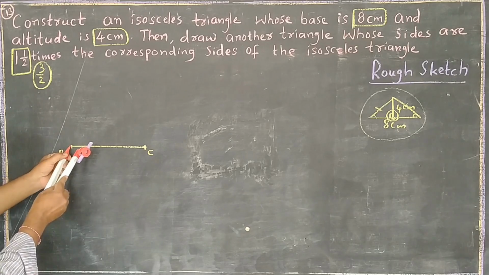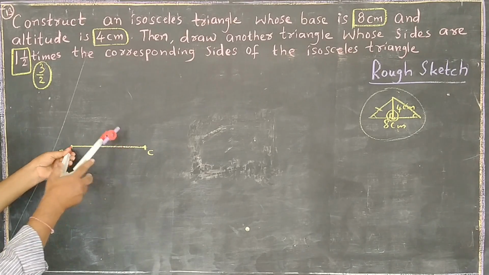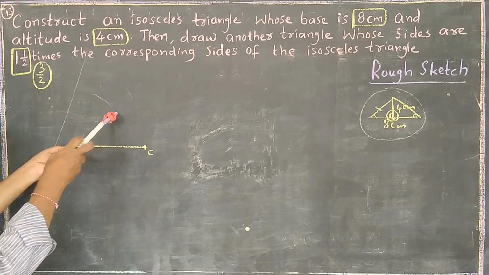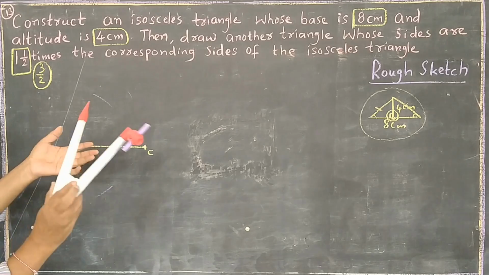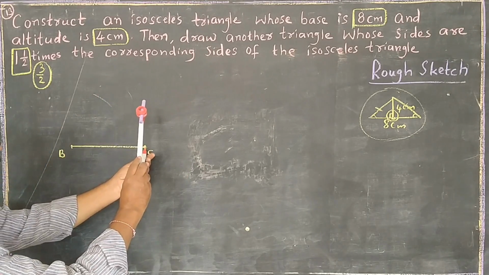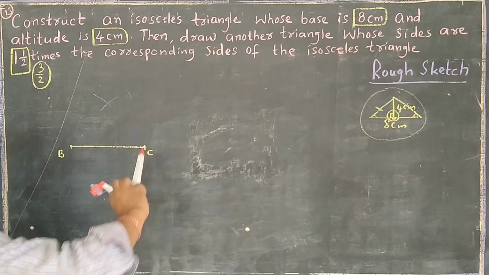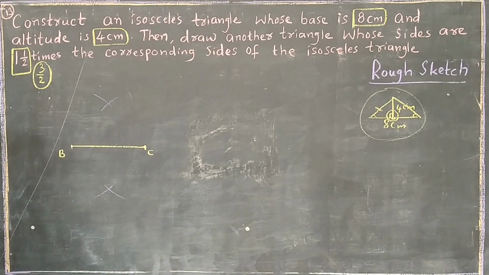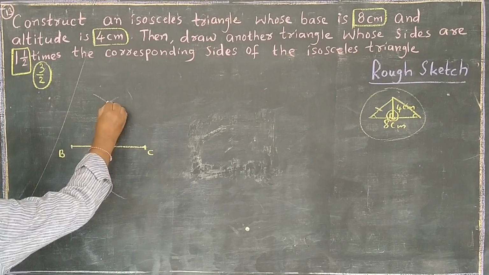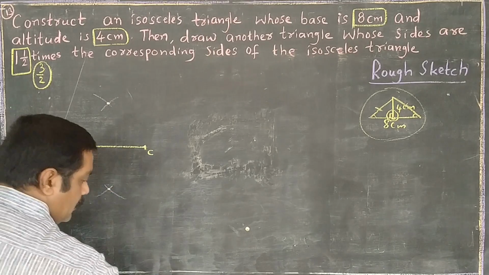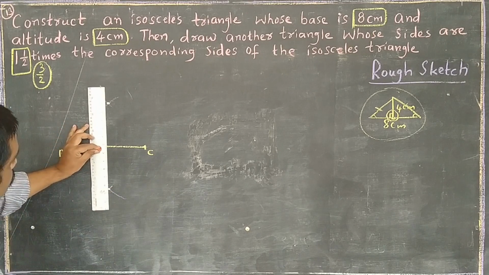Take more than half, and draw arcs on both sides. Do not change the compass, and again from C, intersect the other two arcs. Between these intersecting points, draw the line.